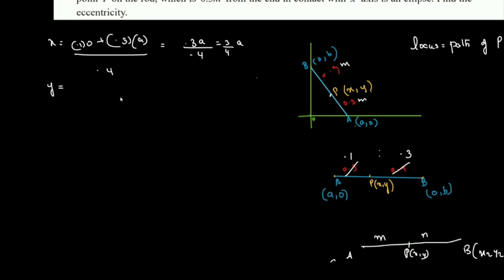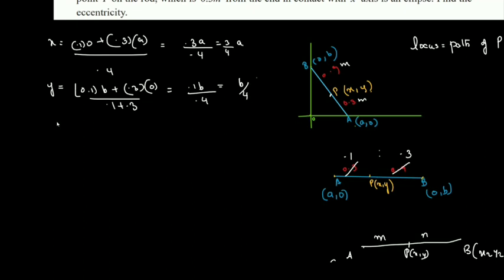It is (0.1 into b plus 0.3 into 0) by (0.1 plus 0.3), that is equal to 0.1b by 0.4, that is b by 4. So x is equal to 3 by 4 a, y is equal to b by 4.